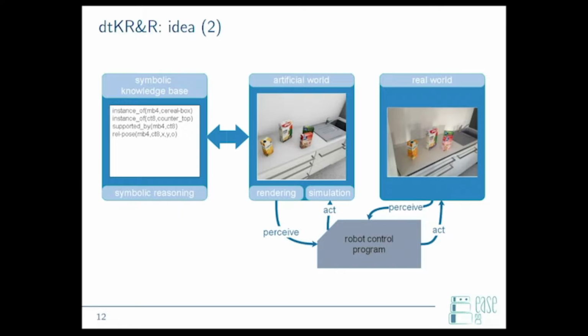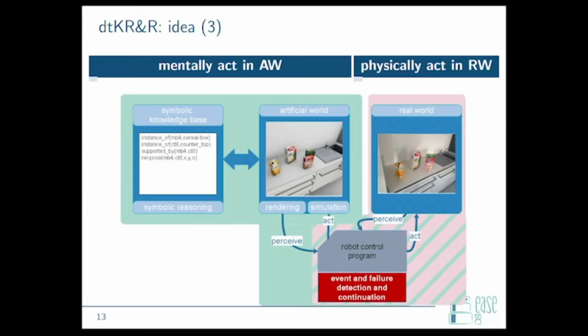So we let the robot execute its control program in the artificial world, but then the robot in reality acts in the real world. So it acts in the real world, but it thinks it's acting in the artificial world, and this is an advantage because it has perfect knowledge about the artificial world.